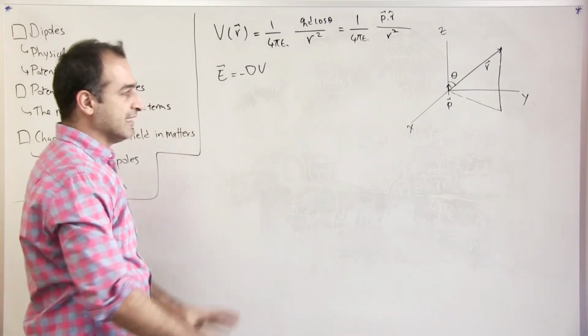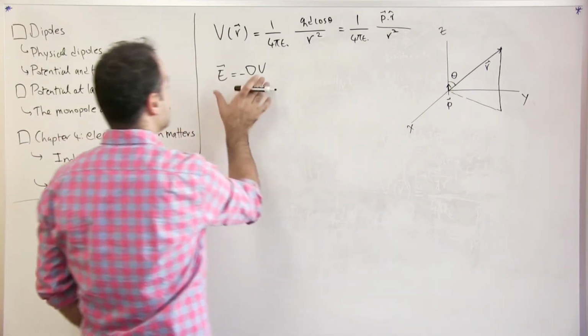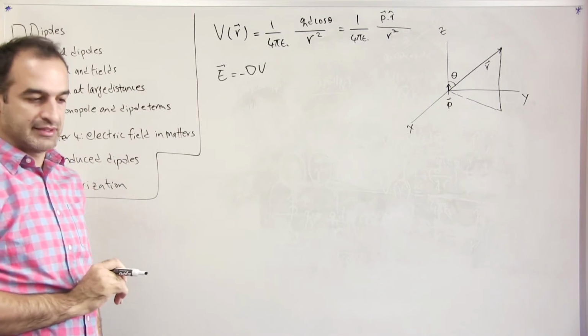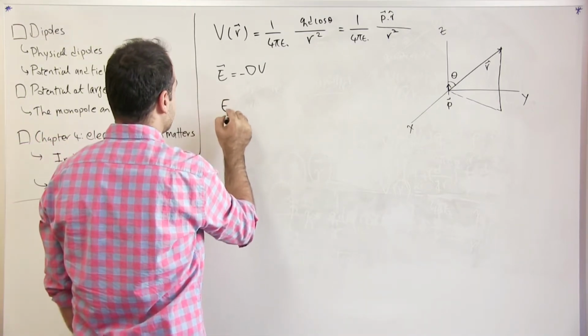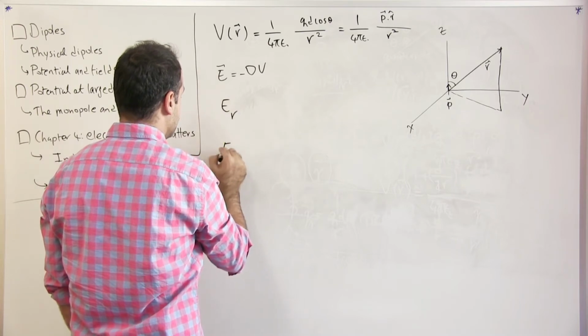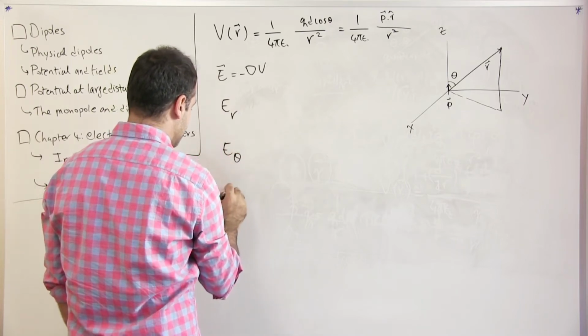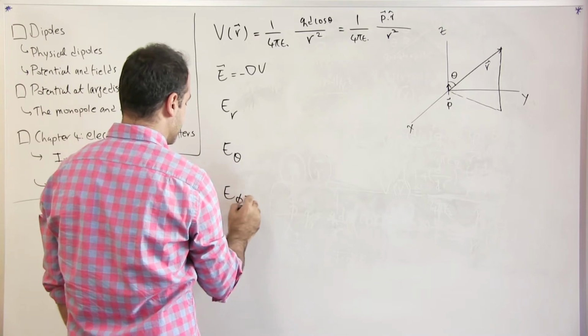Okay, so if this is the coordinate system, we should take the gradient in spherical coordinates as well. So we're going to look at the electric field in terms of the components E R, E theta, and E phi.